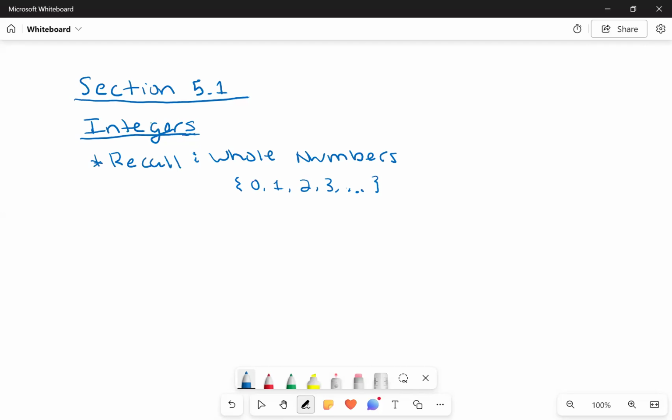Okay, so integers, let me go ahead and define integers. Integers are positive and negative whole numbers.